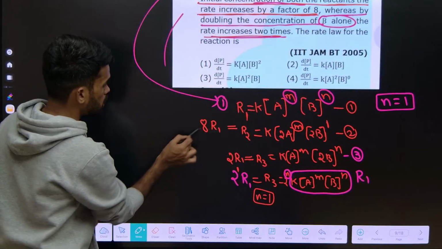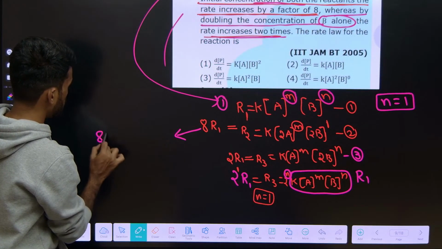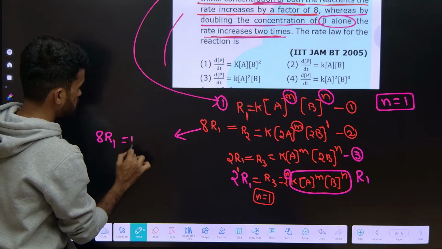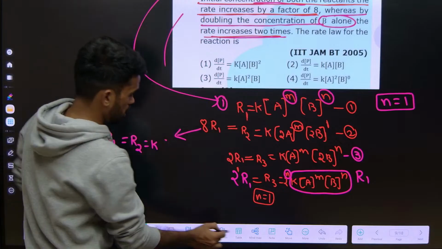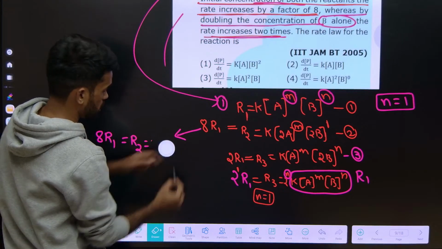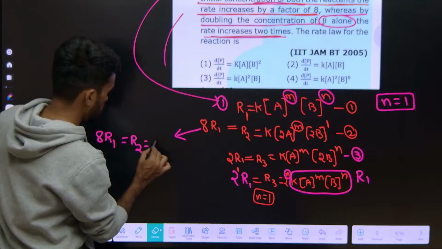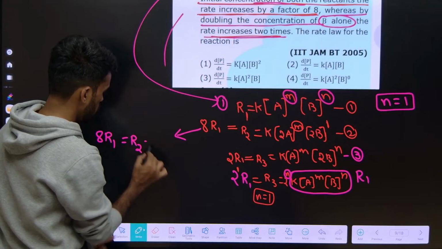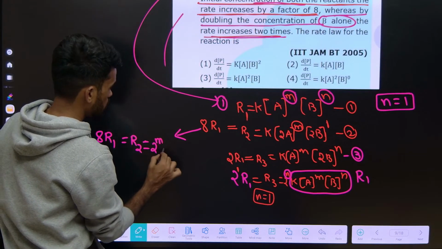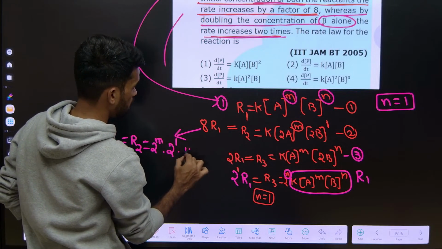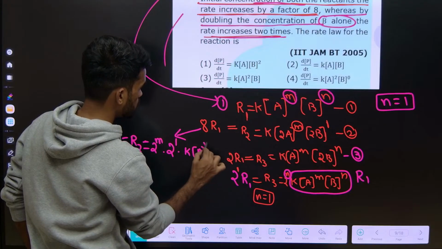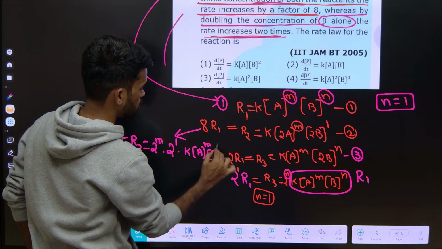The total overall value is 8R1. 8R1 you write as it is, which equals R2, that is K. Again I am writing here, just observe the data mentioned here: 2 power m, and 2 power 1, and k into a power m, b power 1, that's it.